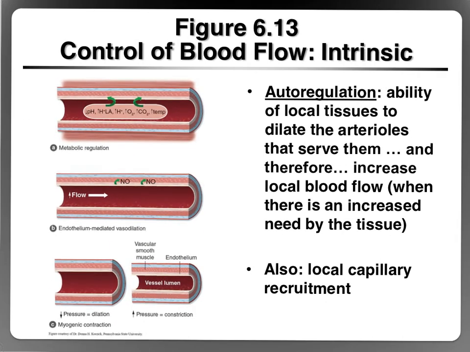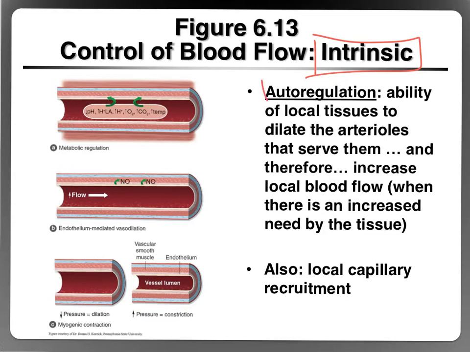All right, so intrinsic control means that the arterioles themselves, just like how the heart has an intrinsic heart rate and can establish its own action potentials, have their own intrinsic ability to control their own regulation.